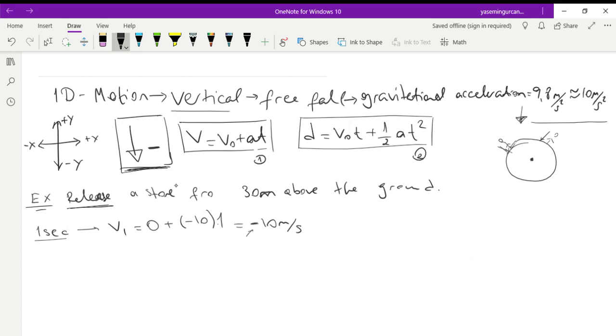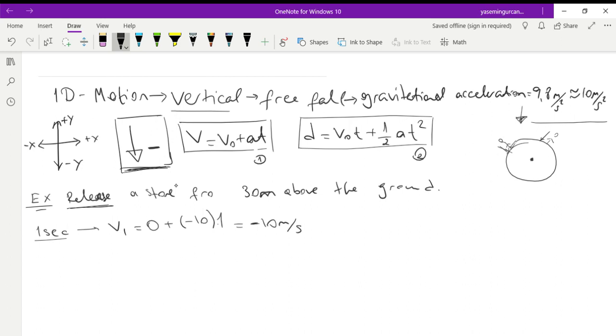When you have these velocity questions, you have two boxes, one for the magnitude, which is the speed if it's the velocity vector, and that is basically going to be 10. The direction is going to be downward because I chose negative to be downward and my result is negative. So it tells me that this velocity is 10 meters per second in the downward direction. Okay, so no magnitude can be negative, once more.